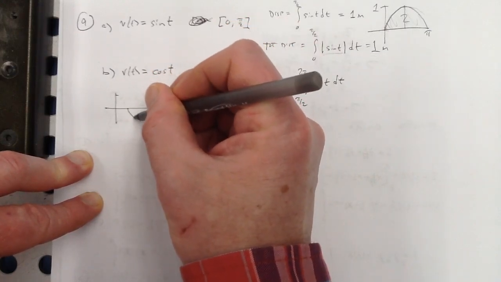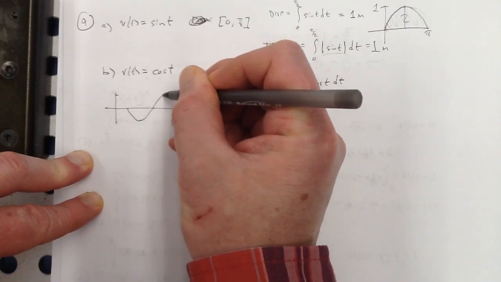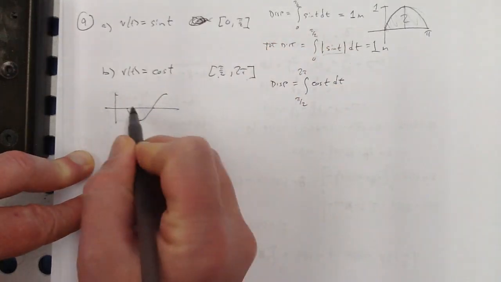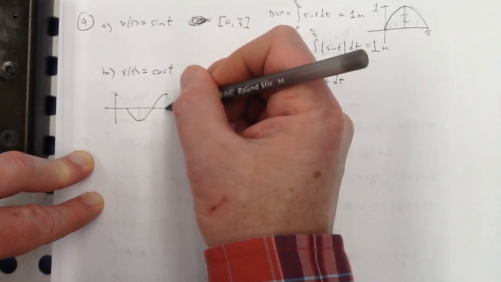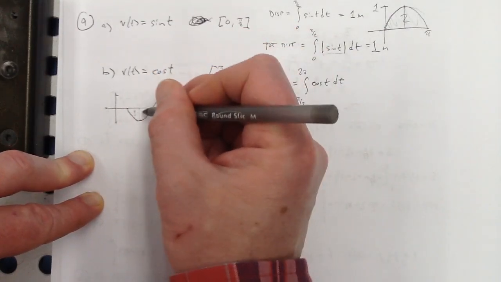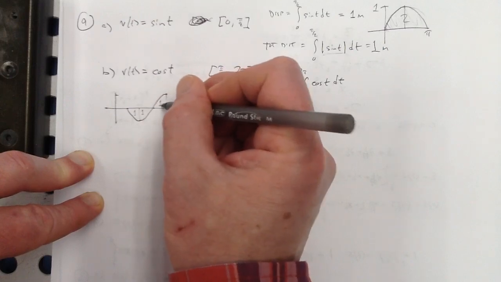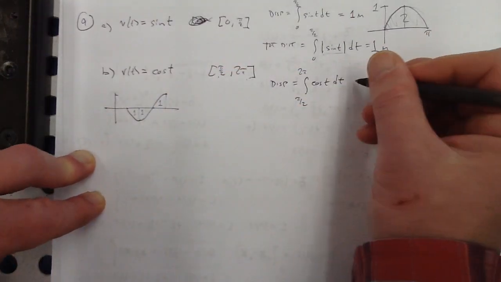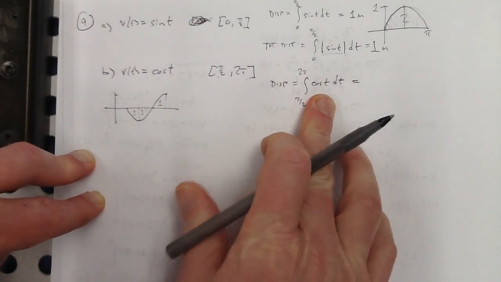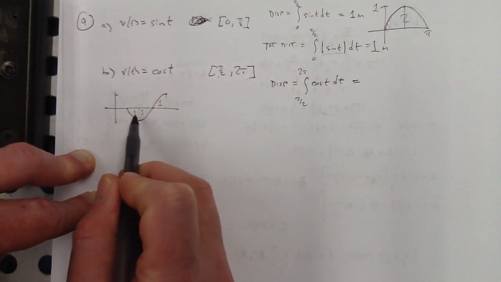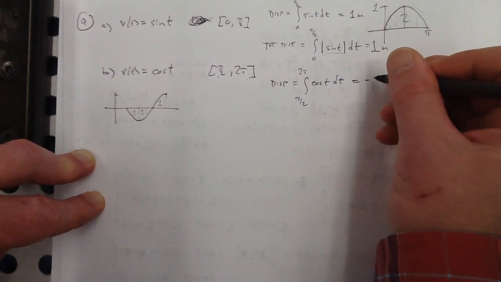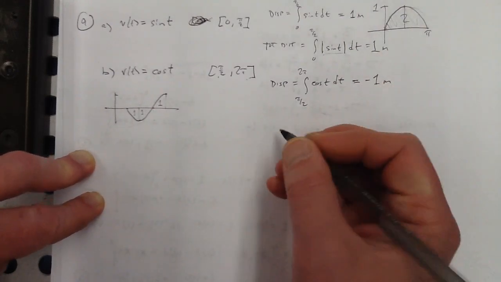From pi over 2 to 2 pi, we're talking about this. So each one of these is 1. So the straight up integral, allowing for negative area, these two are going to have to be negative, and that's positive, so it's going to be -1 meter there.